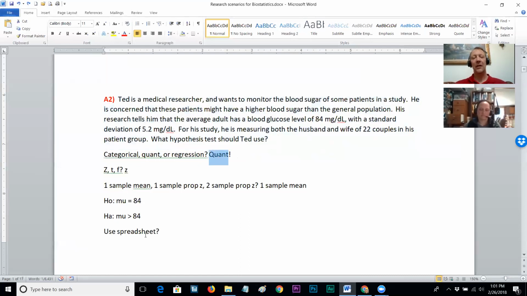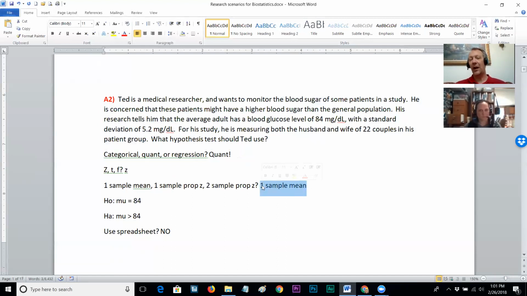Now the next question is, can I use the spreadsheet? No. Very good. Because people will go, well, yeah, I can put that in there. No. The spreadsheet calculates the standard deviation yourself. So no is the correct answer. A lot of people think they can use the spreadsheet for everything, but not on a 1 sample mean.